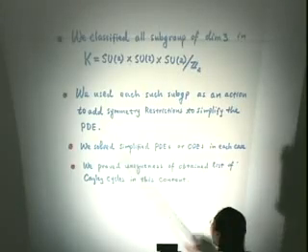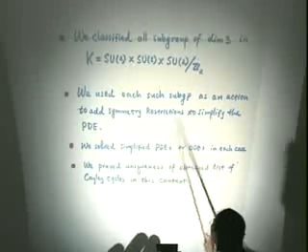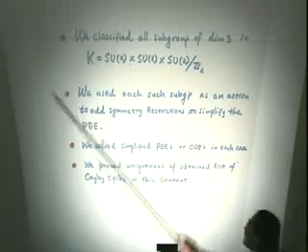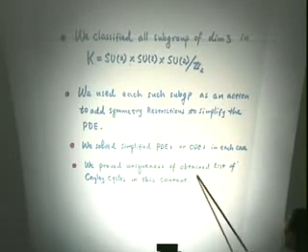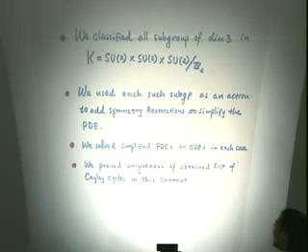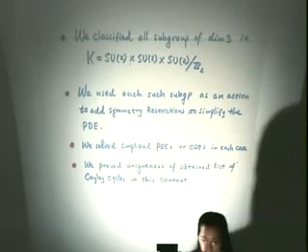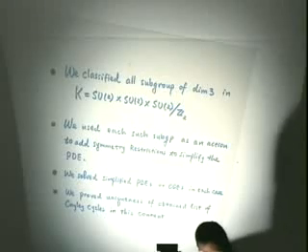So what we did, as I said, we classified all the subgroups of dimension 3 in K, and we used each subgroup as an action, adding a symmetry restriction to the PDE, and simplified the PDE. Then we solved them, and then we proved the uniqueness for the list obtained in our paper. Let me give you a little idea how it works.